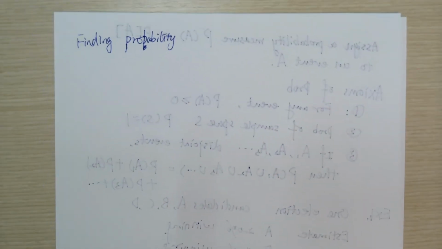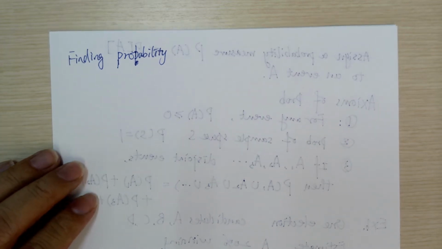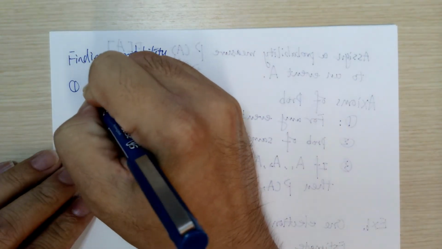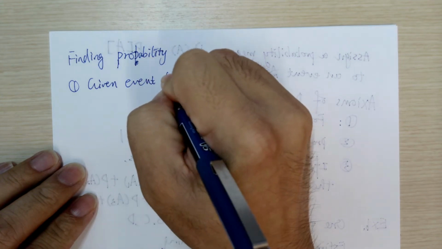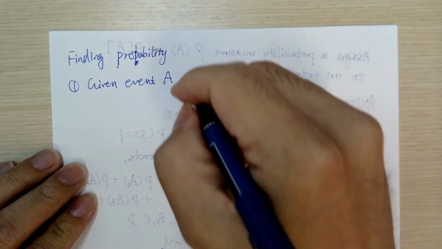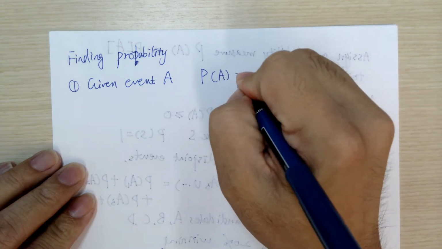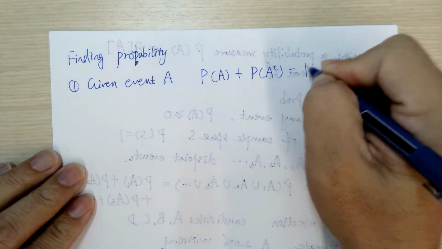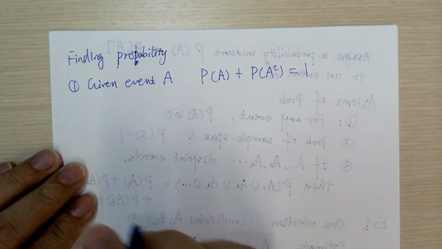So back to here, there's something which I think is very, very valuable. First off, given event A, the probability of the event and its complement always sums to 1. That's the first one.